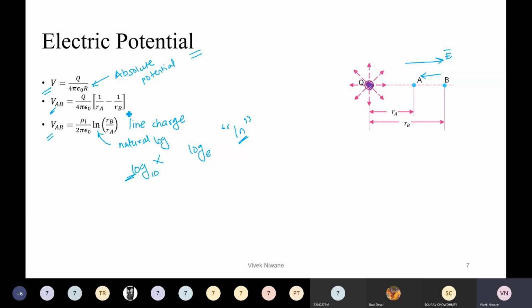Okay, what did we assume? If this point B is at infinity, meaning Rb is at infinity, can I say that 1 upon Rb is equal to 1 upon infinity, which is equal to 0?